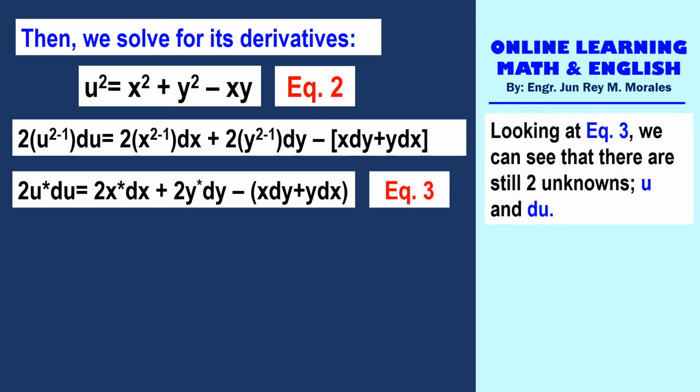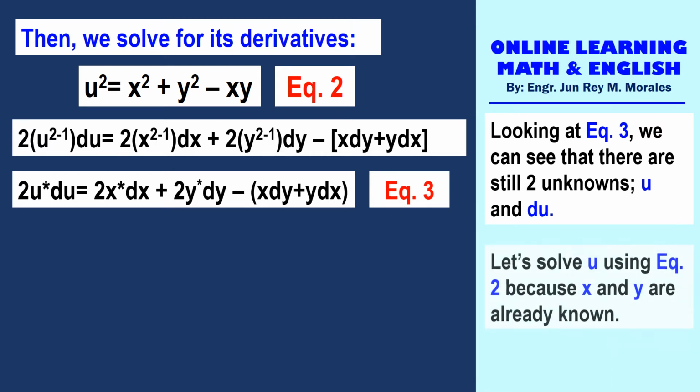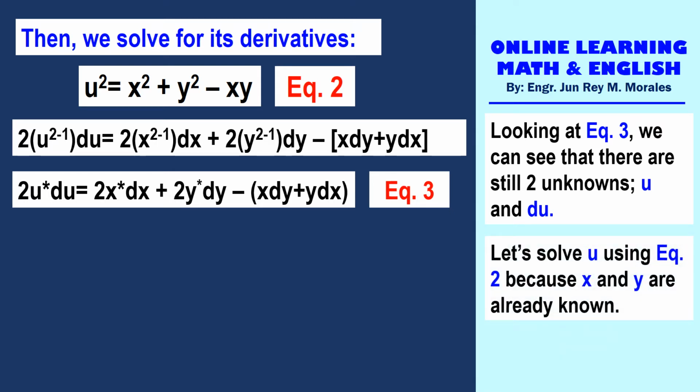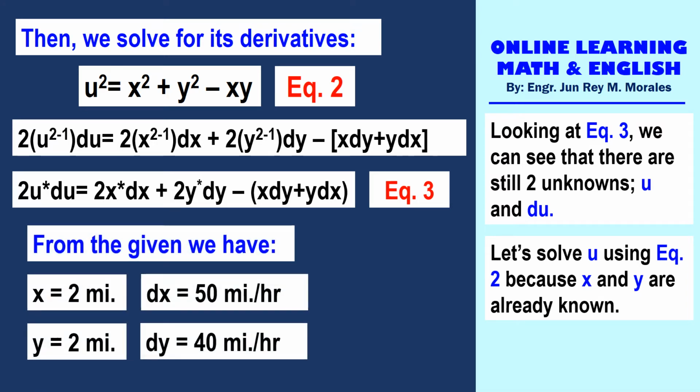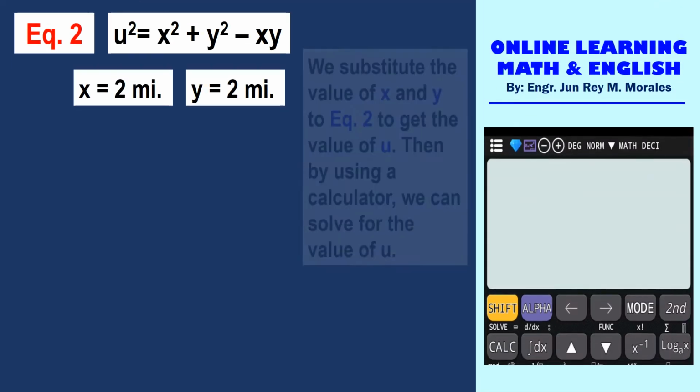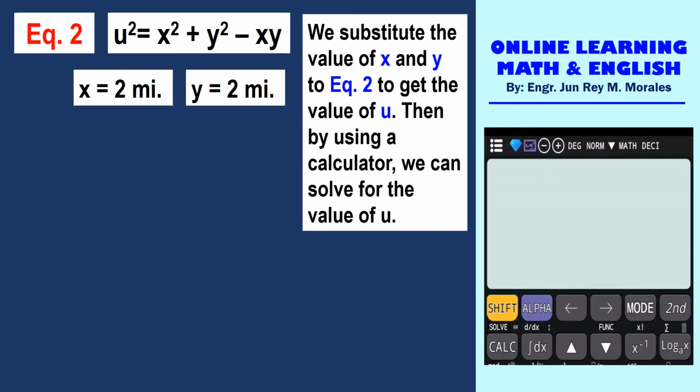Looking at equation 3, we can see that there are still two unknowns, u and du. Let's solve u using equation 2 because x and y are already known. We substitute the value of x and y to equation 2 to get the value of u. Then by using a calculator, we can solve for the value of u.